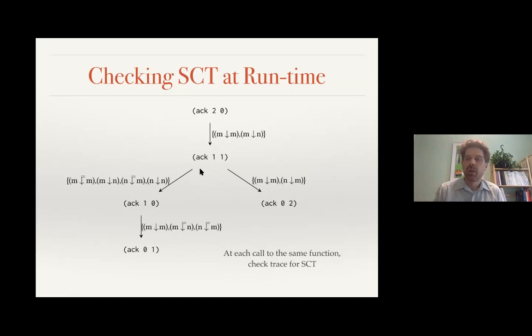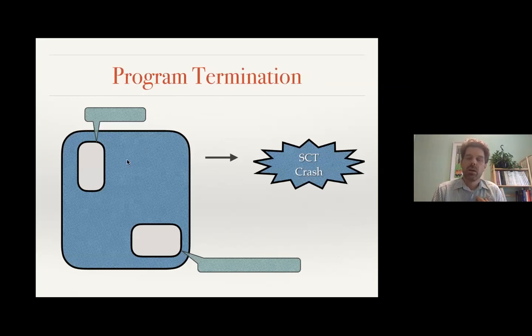So now we have this kind of runtime mechanism, not for checking termination, but checking this property that implies termination. And we can have dynamic crashes that say you violated the property. And now I've reduced verifying this liveness property down to a safety property, which is: can you reach a state where the size change termination principle doesn't hold anymore and a crash is signaled?